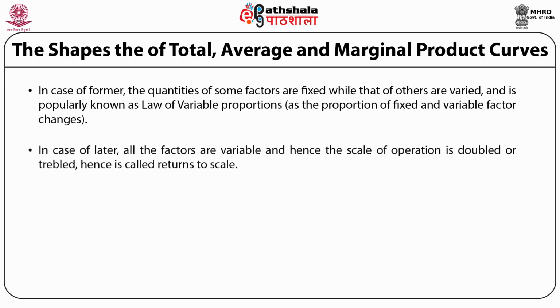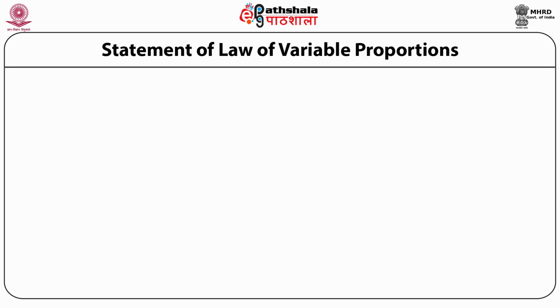In case of the latter, all the factors are variable and hence the scale of operation is doubled or tripled, hence it is called returns to scale. In this section, we concentrate on the law of variable proportion.